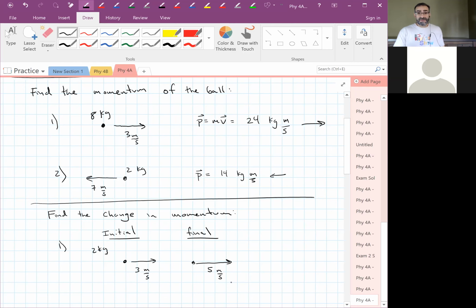Initially moving 3 meters per second to the right, something happens to it, then it's moving 5 meters per second to the right. Find the change in momentum. You can do it numerically, but do it with vector addition also. It's good practice.